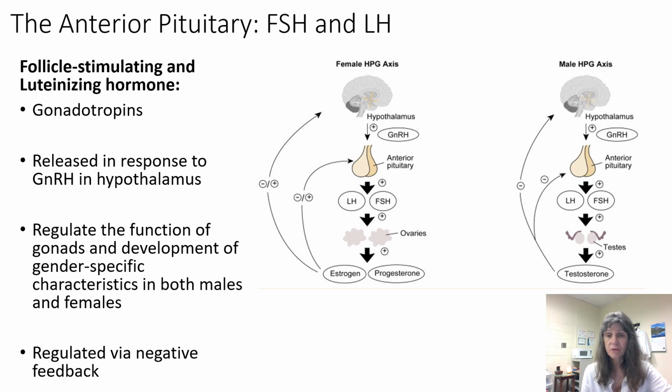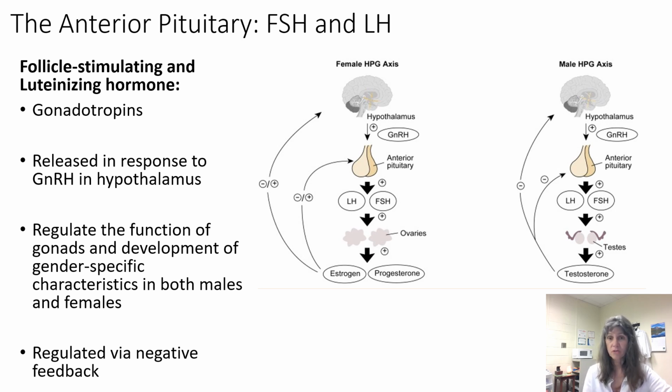These hormones are going to be released by the anterior pituitary in response to gonadotropin releasing hormone from the hypothalamus, and they are going to regulate the function of the gonads, either ovaries in females or testes in the male, and they regulate the development of gender-specific characteristics in males and females, where females will be producing estrogen and progesterone and males will be producing testosterone.